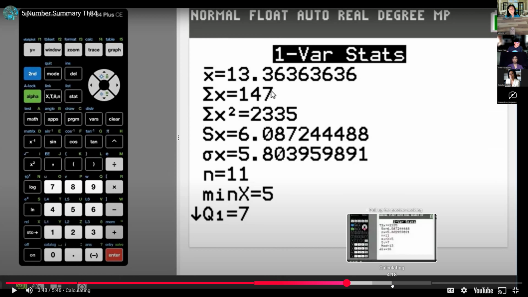Can I ask a question real quick? Yeah, please. During the test, if you ask for the mean and the standard deviation, you're always going to ask for the mean to the tenth, right? And then the standard deviation to the hundredth, to the decimal points, right? On our exam, I will always make it very clear.